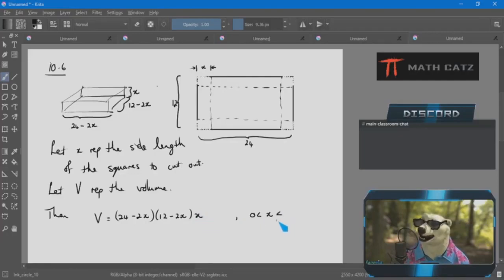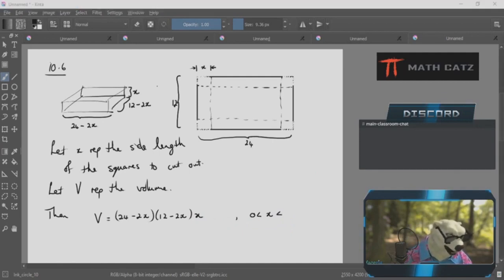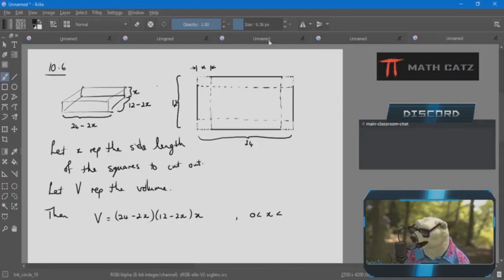How big can x get is the other endpoint that I need to consider. How big can it get? Well, what is the most I can cut out? Thinking about this practically. If I cut into this width of the rectangular sheet, that's only 12 wide.